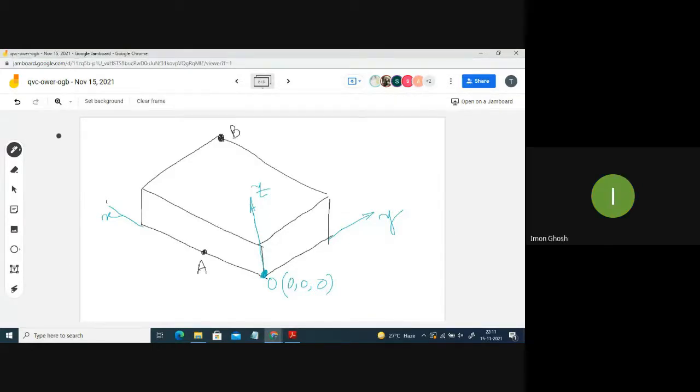Sir, but this is not following the right-hand thumb rule exactly. Right, that is why I took the downside. Very good. So that is why I took it on the downside, sorry. Whenever you are choosing one... who said this? Emon Ghosh. Emon, very good, at least a very good observation.